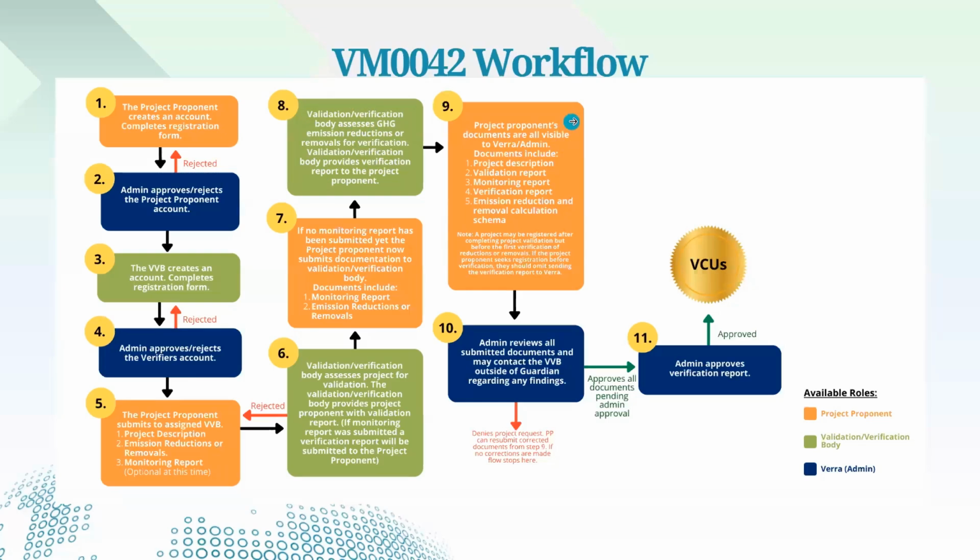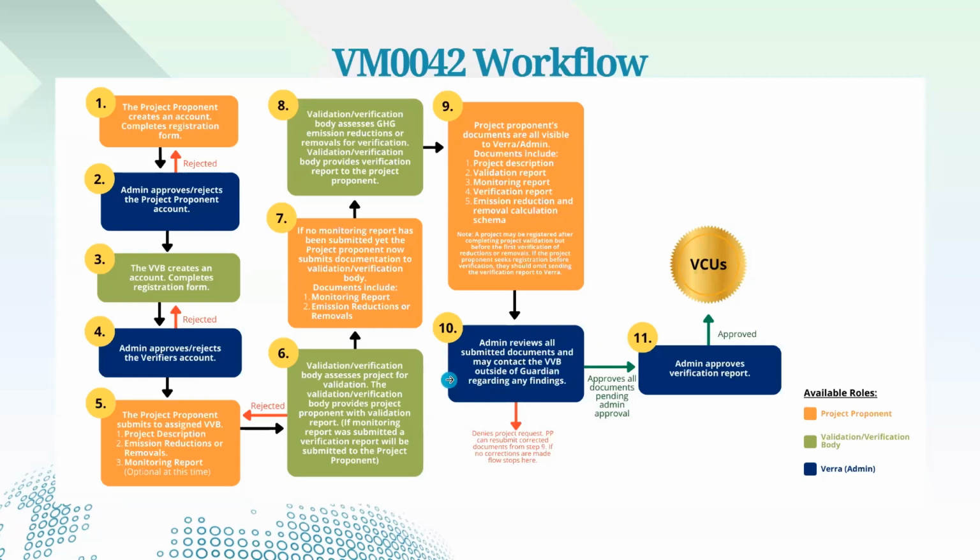Now moving to step 9, anything that the project proponent has submitted and the VVBs have submitted are all visible to the administrator. So this would be things like the project description, validation report, monitoring report, verification report, and the emission reductions and removals calculations that are captured in a specific schema.